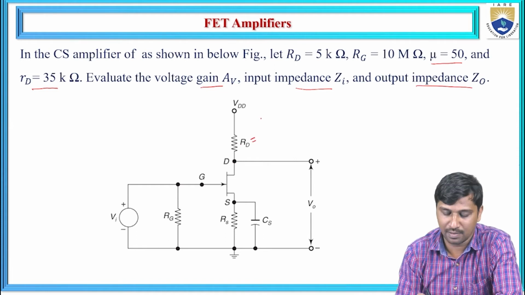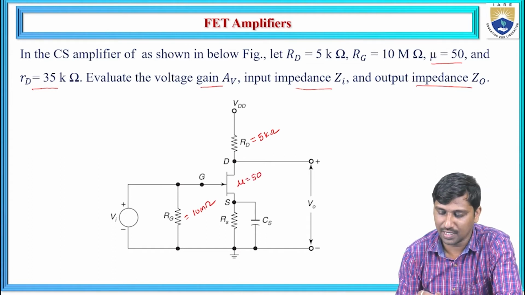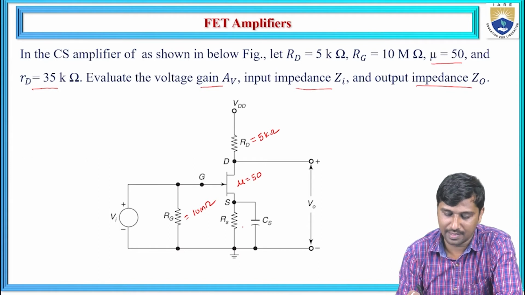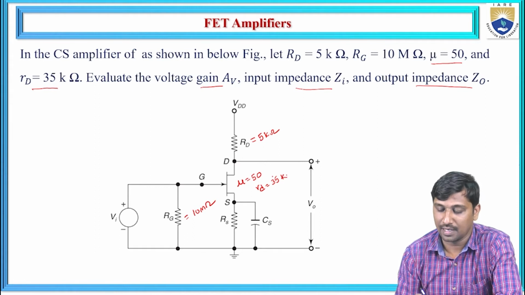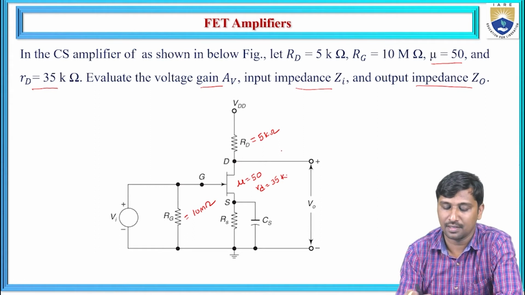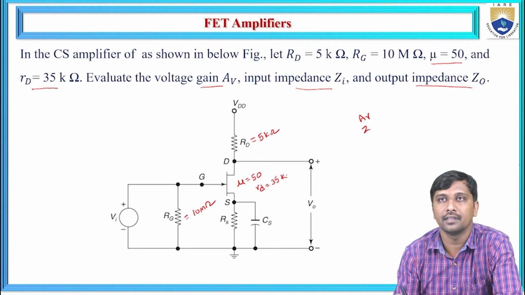The external drain biasing resistance is 5 kilo ohms, the gate resistance is 10 mega ohms, the amplification factor is 50, and the internal drain resistance is 35k. Then we need to calculate the voltage gain, input impedance and output impedance.